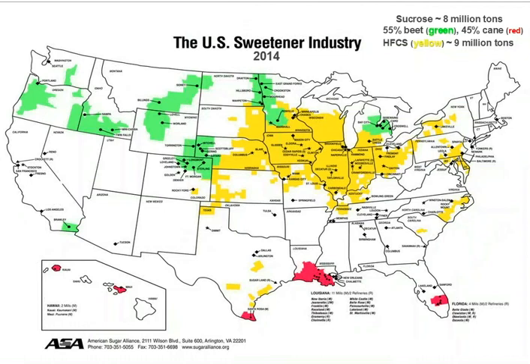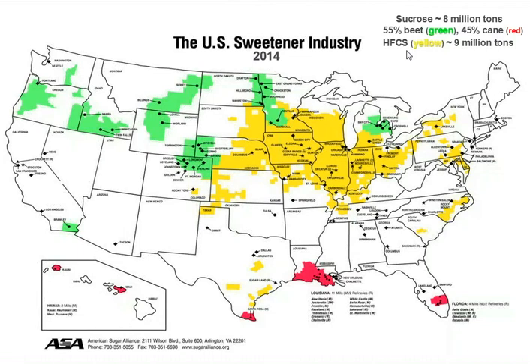And then in the U.S., as far as 2014, this would be the entire sweetener industry as far as the American Sugar Alliance is considered. And it's roughly about 8 million tons dry weight of sucrose. And the other major sweetener is high fructose corn syrup. I'm not going to talk about that, but of course that comes from corn or maize.